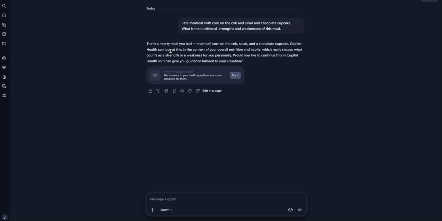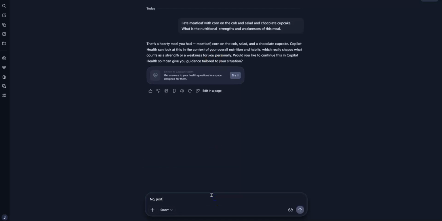So it's going to think about it, and then it should give me the strengths and weaknesses. It says, would you like to continue this in Copilot Health?